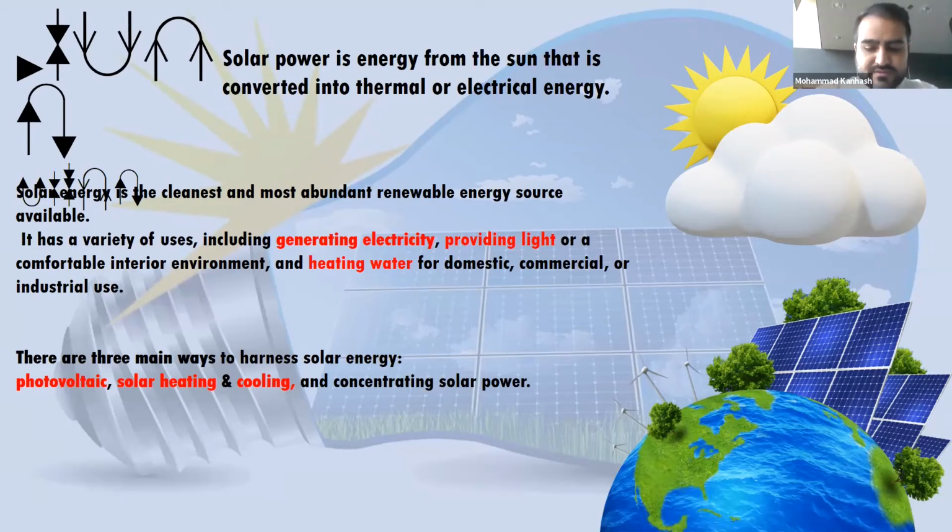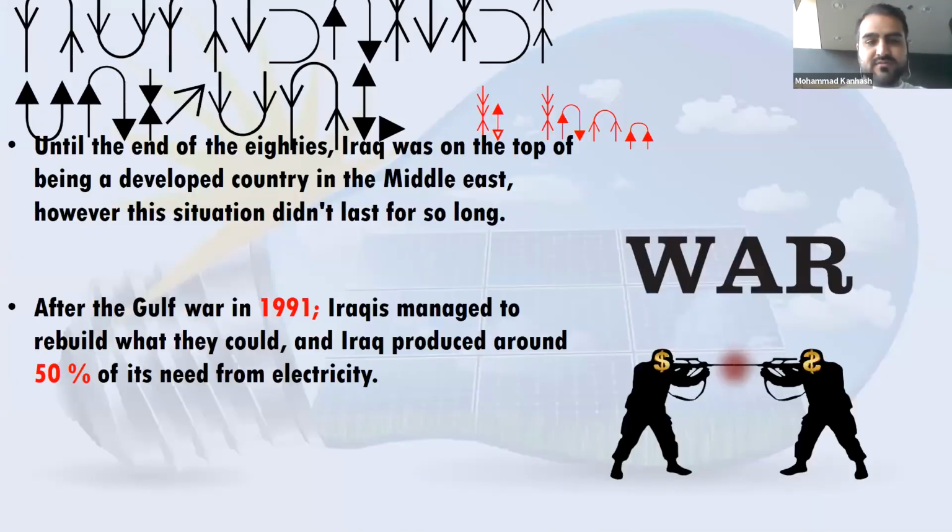I would like to give a small history of the electricity problem in Iraq. Iraq is known to you, maybe professors in Iraq and in Germany and Graz as well. The third slide, please. Iraq was one of the developed countries in the third world until the end of the 80s. During the war with Iran, we lost some of our energy, but we were able to rebuild it.